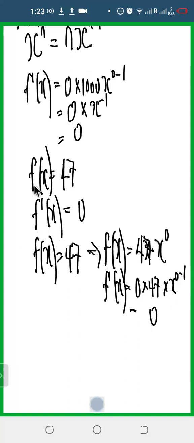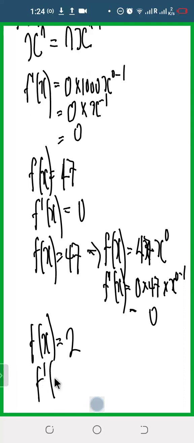So if we have f(x) equal to 2, our f prime x will be equal to 0. Any constant that is differentiated usually ends up as 0. 0 is the solution to any constant that is differentiated.